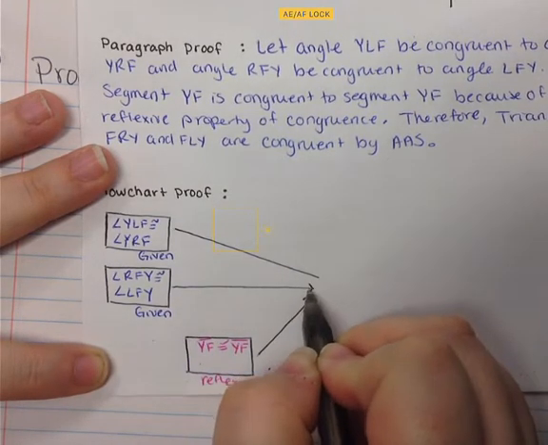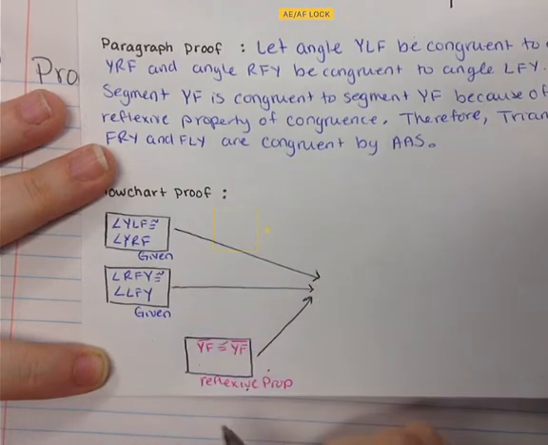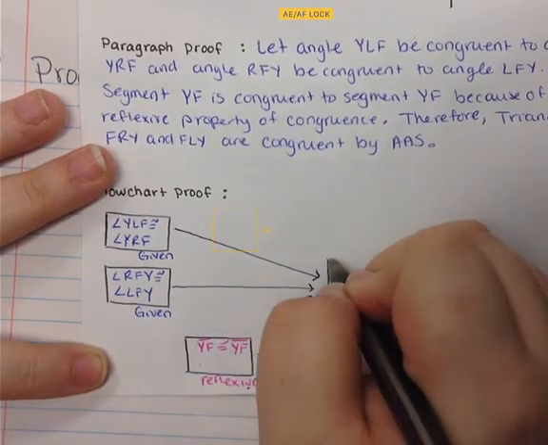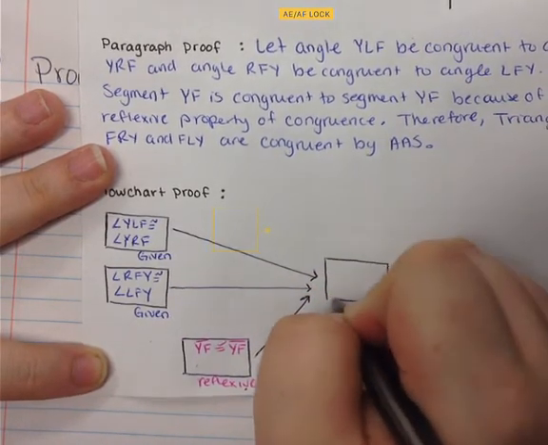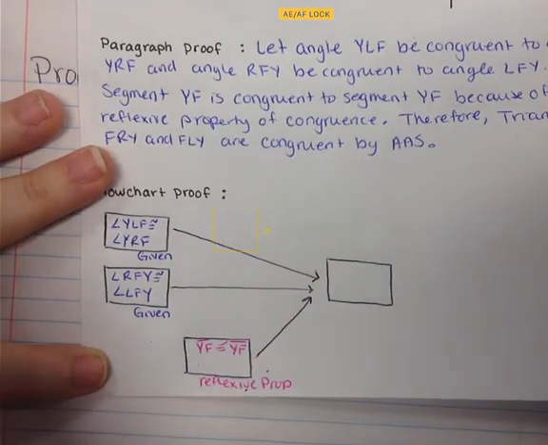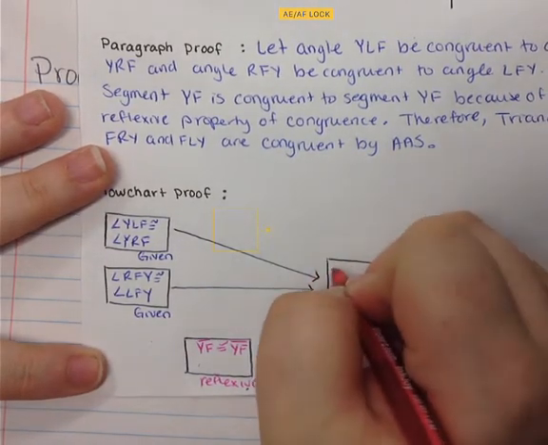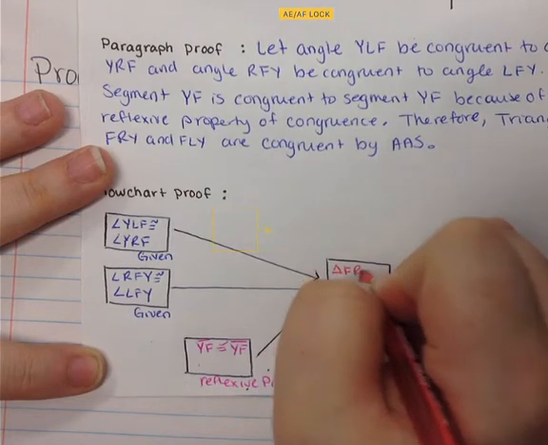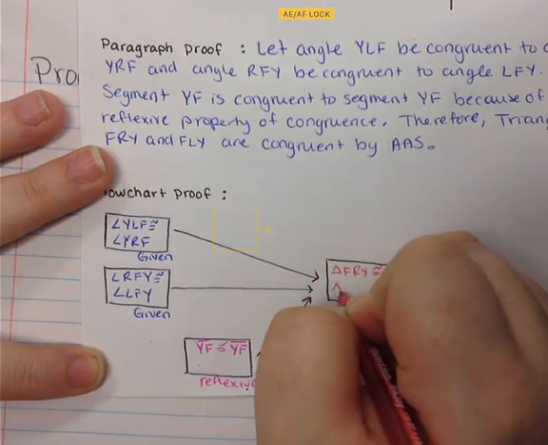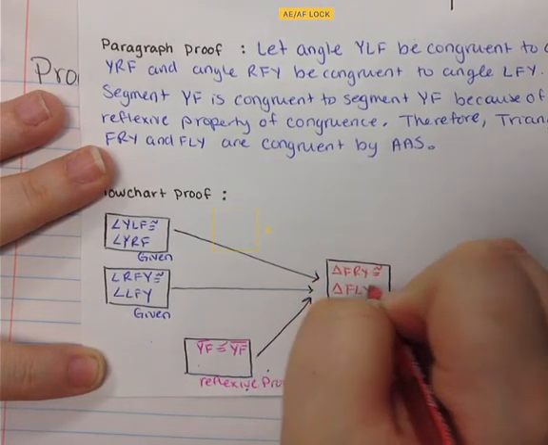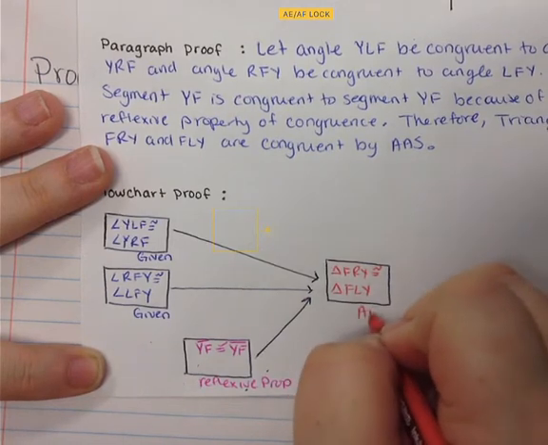Our final statement is led to from all three of these statements. So this is our final box because all three of these lead to this one final box. That statement was that triangle FRY was congruent to triangle FLY, and the reason was angle, angle, side.